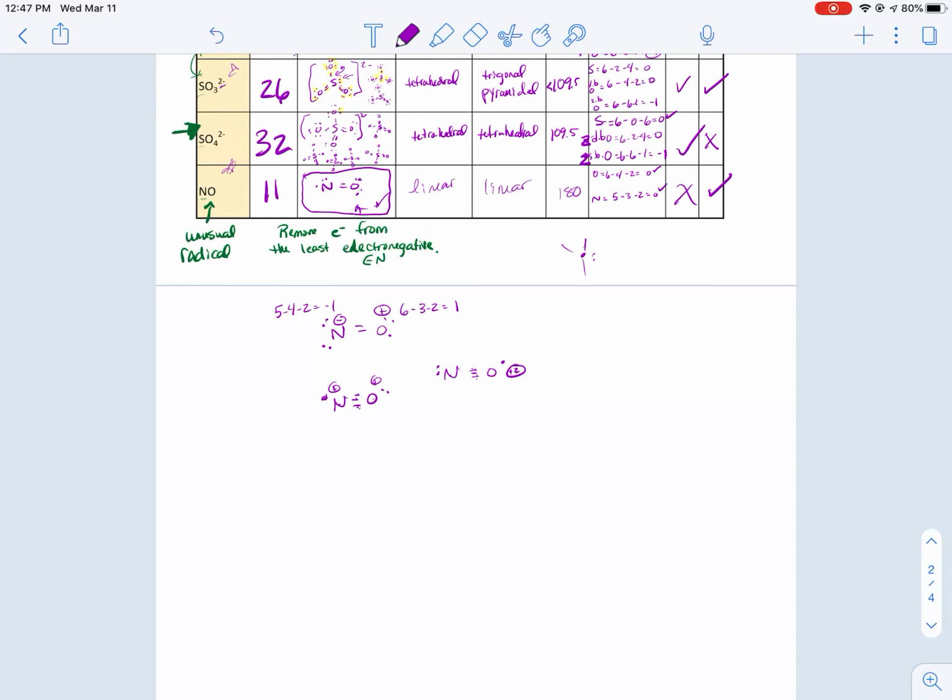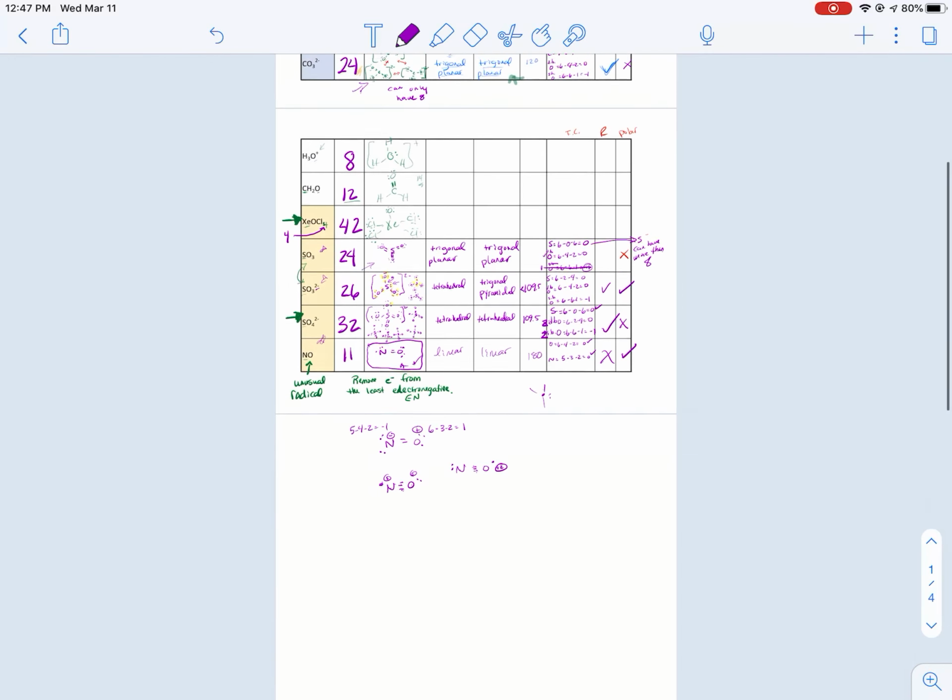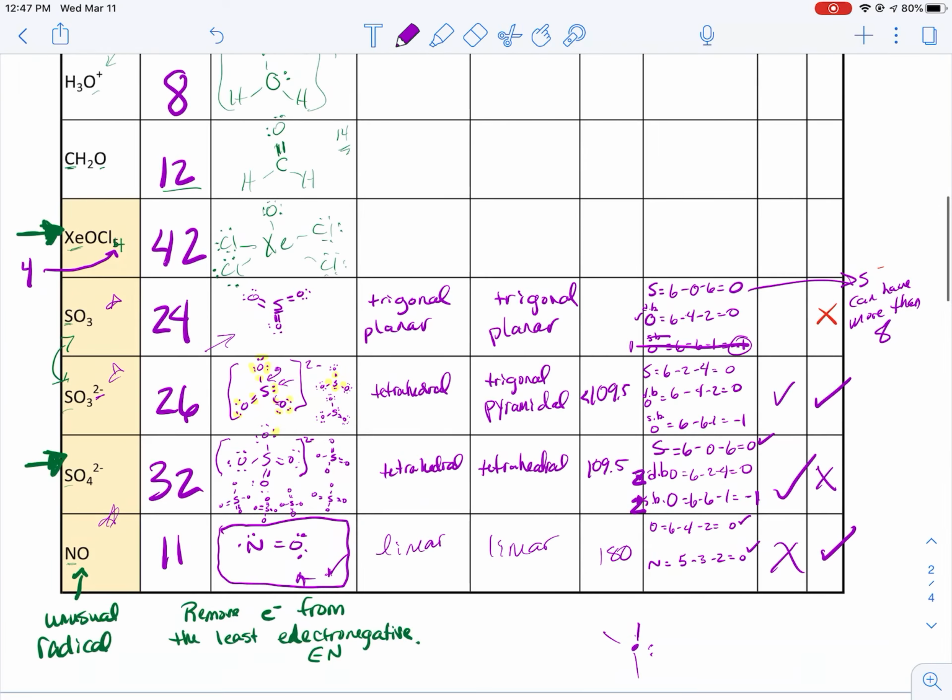So is it polar? Yes, it's a linear molecule with 2 different atoms. And if you need to check, they do have an electronegativity difference of 0.5. So they are polar. We also should check this guy, this xenon guy that I had skipped past. So if we're doing the formal charge for him, xenon is 8 minus, and then right now he's got 1, 2, 3, 4.